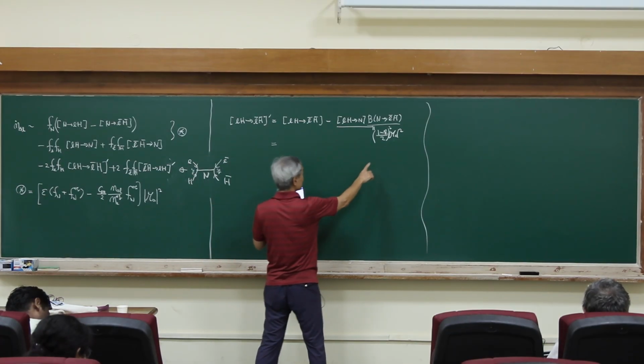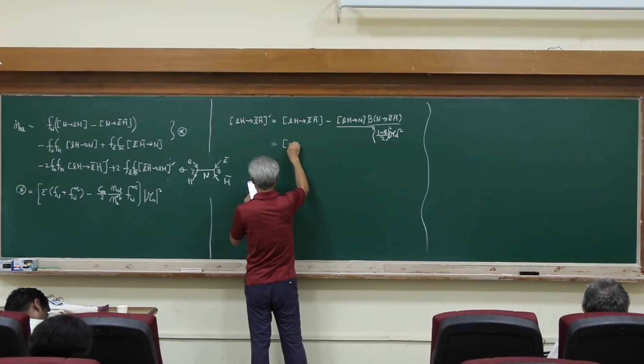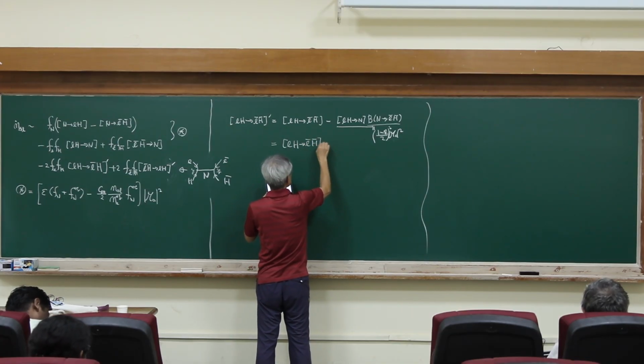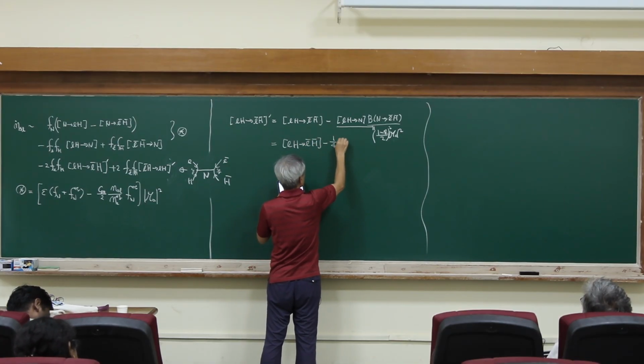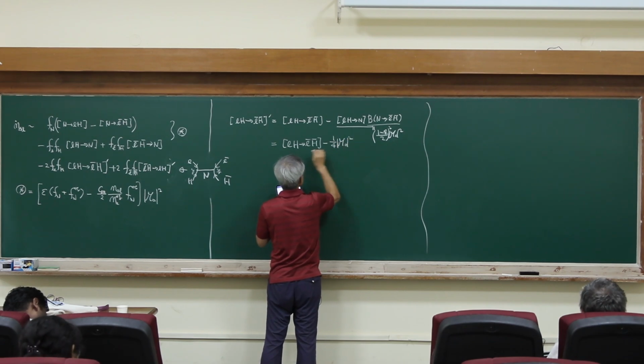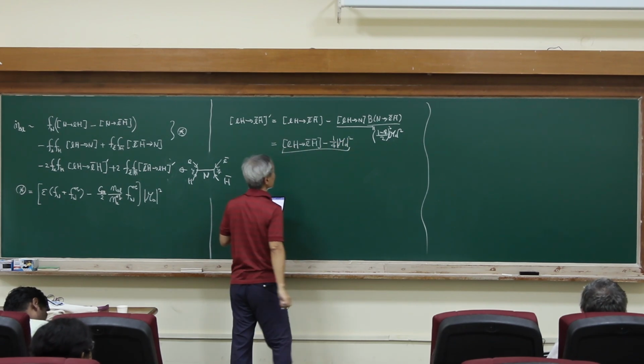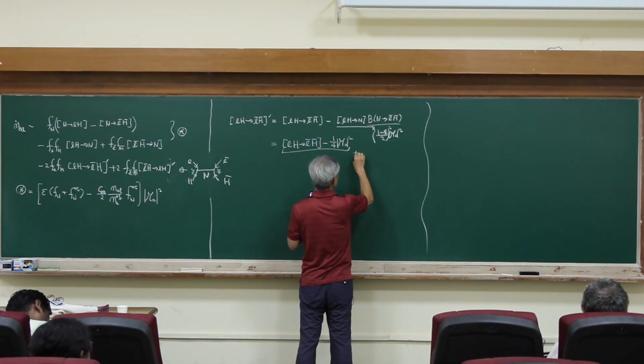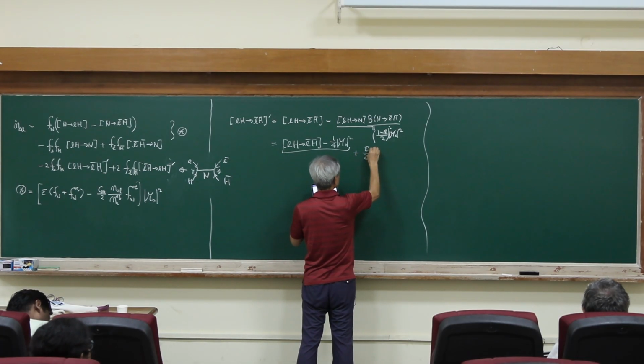So then, the CP conserving part we group together, and then there remains the CP violating part and the CP asymmetric part.